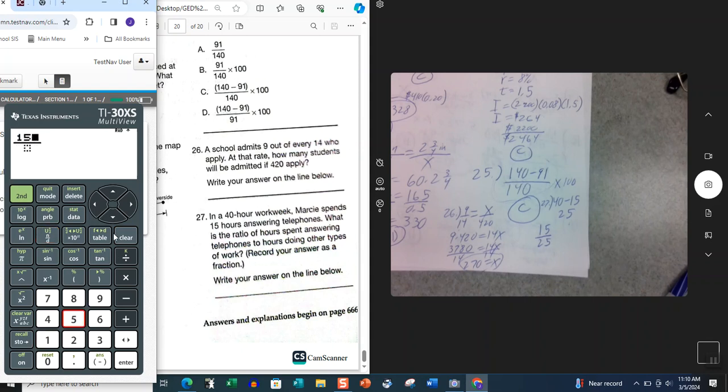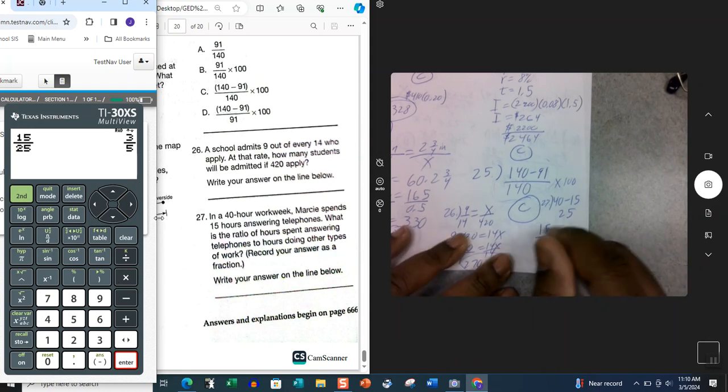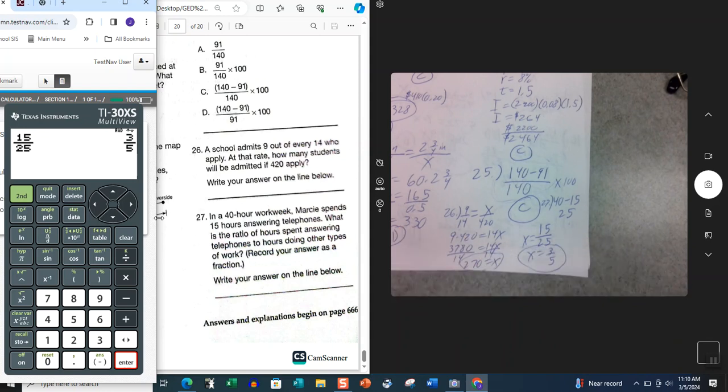We have 15 all over 25. Now they did not ask us for a percent. So what we would do here, we'll press enter, and it gave us 3/5. So our answer here will be 3/5.